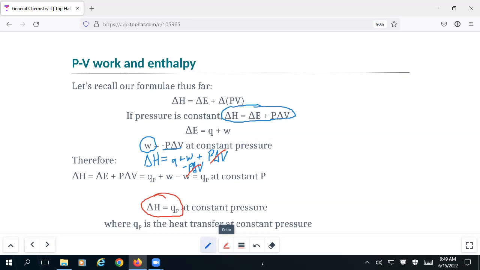It's a lot easier to focus on heat and know that it has a direct tie to enthalpy than to have to worry about, oh, I got to measure the pressure, I got to measure the volume, did anything change? We can ignore all of that. We can just focus on the heat, which in the end is going to come down to a focus on changes in temperature.